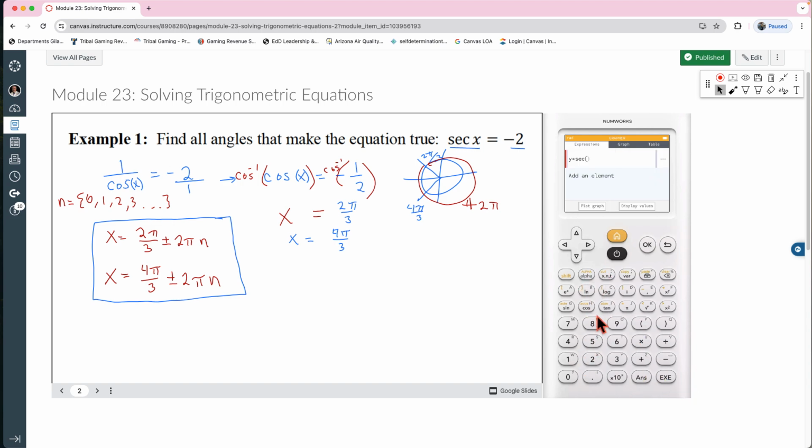Secant x, and then we will also add y equals -2. And then we are going to, oops, that didn't come out how I wanted it.